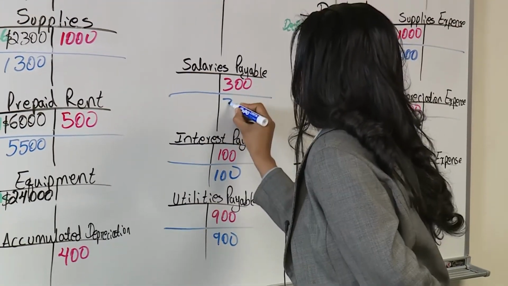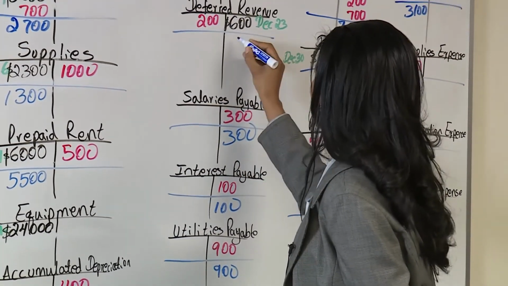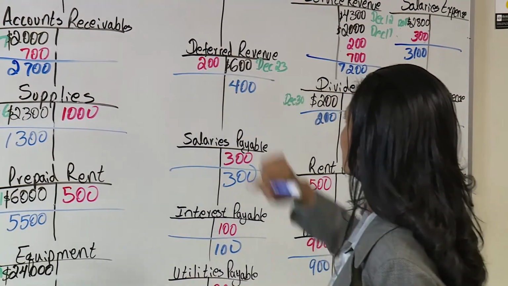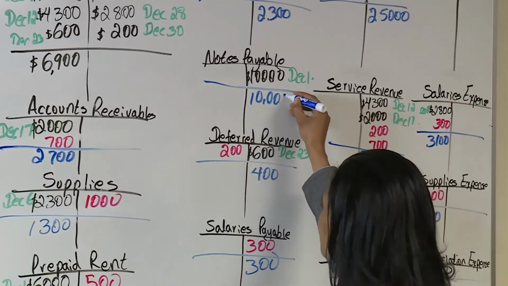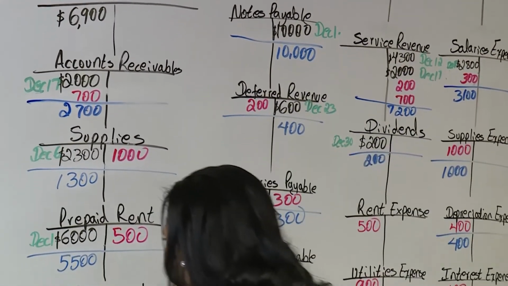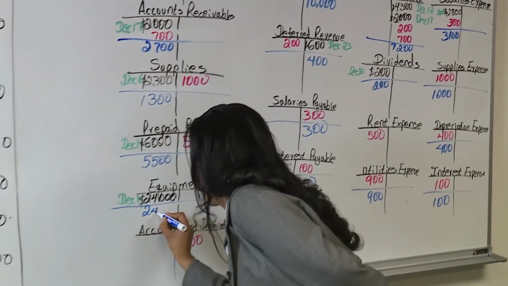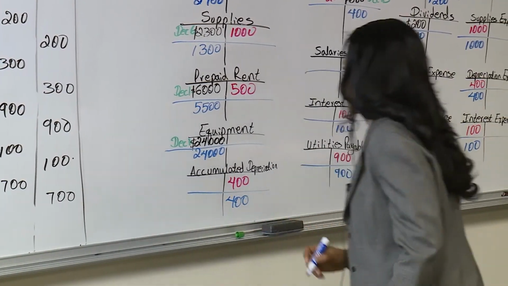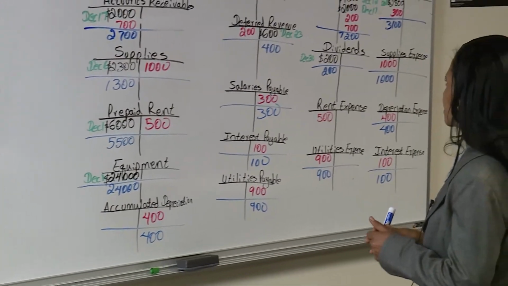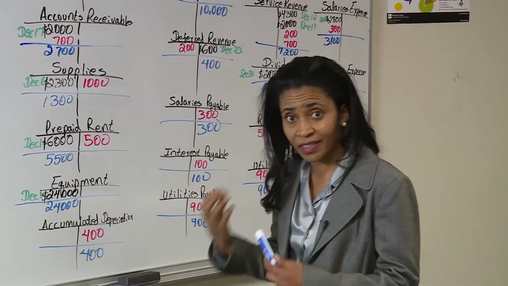So we take that balance and prepare. This is the difference, so I put it on the bigger side, as we said, 10,000 here, 24, and 400. So once we do this, this is going to be our adjusted balance.